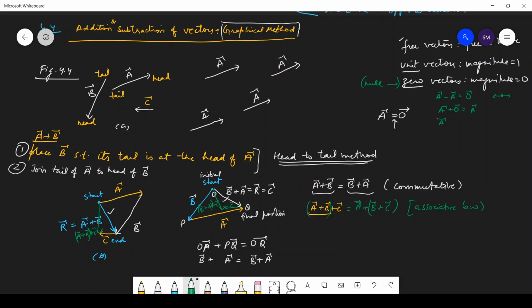And if you are multiplying this zero vector with any magnitude, definitely the resultant will be zero. And if you are multiplying a vector with the scalar number, any real number, multiplying A with 0 will become the zero vector. So that's how the zero vectors have their own importance.